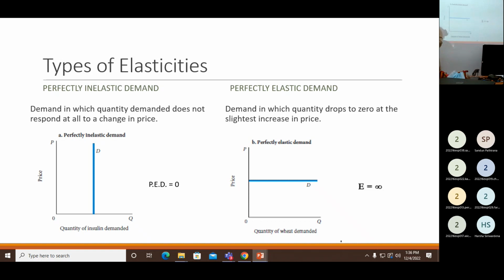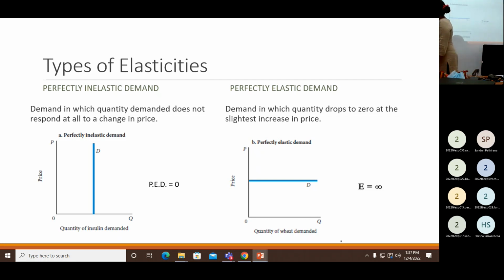So the two extremes are zero and infinity. The PED value can be either zero or infinity or anything in between. One is where the PED value will be zero, and the other is where the PED value will be infinite.